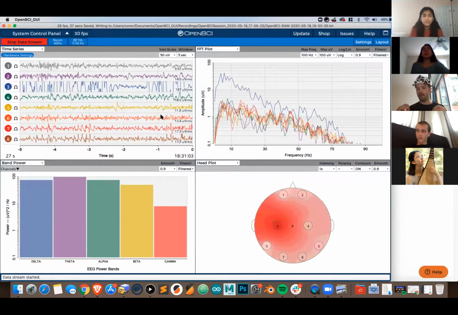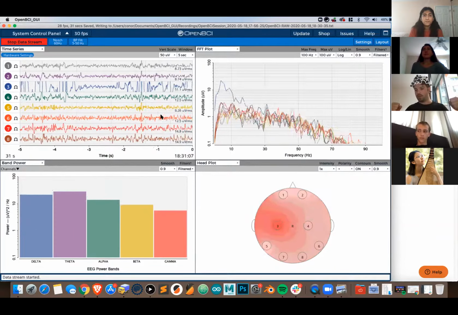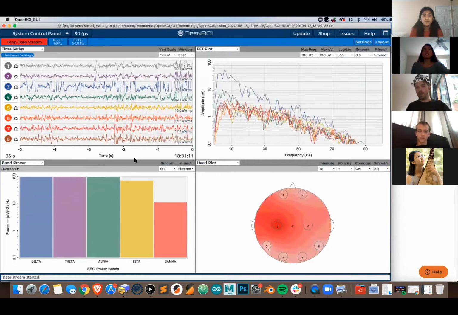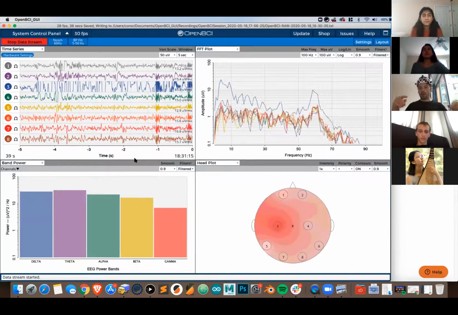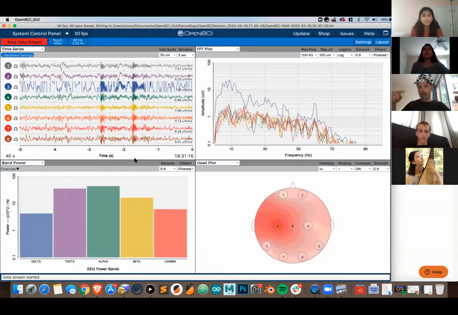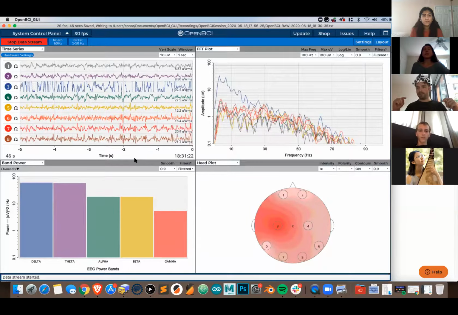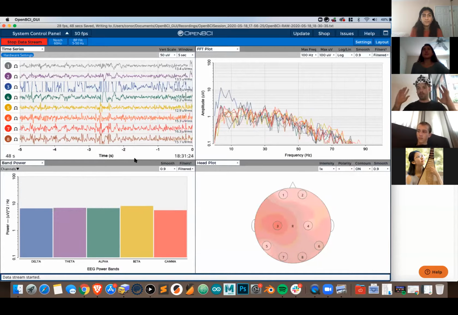So the fact that alpha was coming in and kind of taking over is why you can see it in the raw data stream, because as it becomes more pronounced, all these other frequencies are just kind of riding that wave. As an example, this is a little bit of wave addition and wave subtraction math.